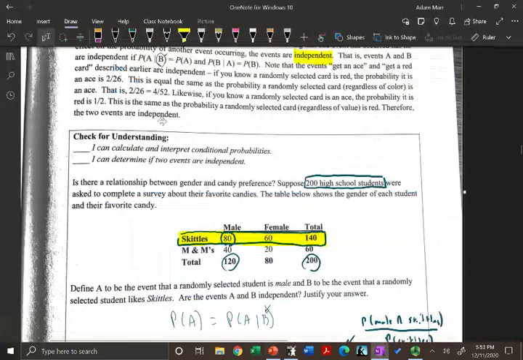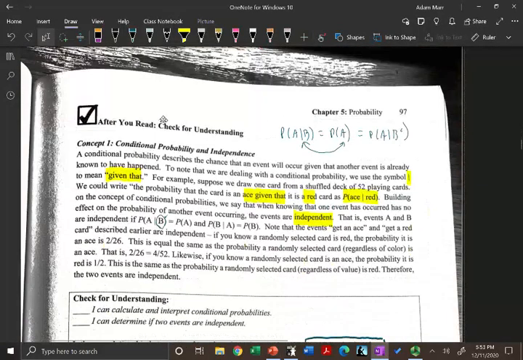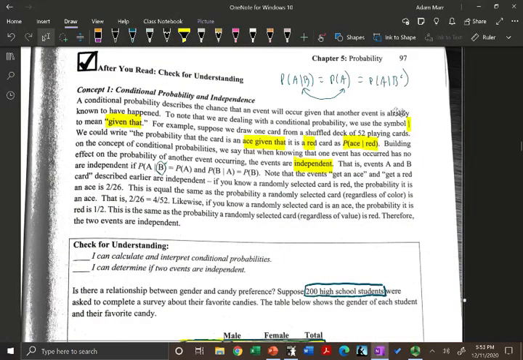Let's go on to the workbook stuff now. This is page 97. Just remember that the symbol right here means "given that." If it says the probability that the card is an ace, given that it is a red card, we say P of ace given that it's a red card.